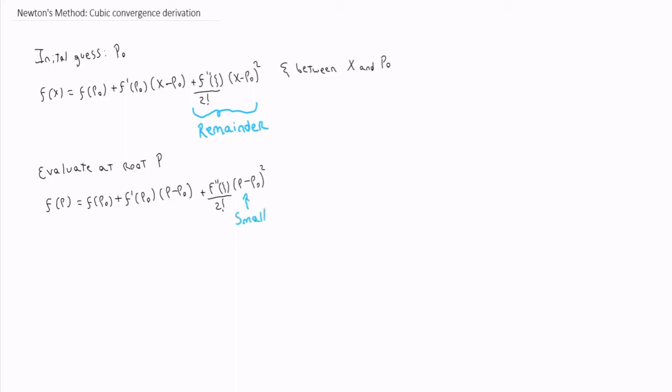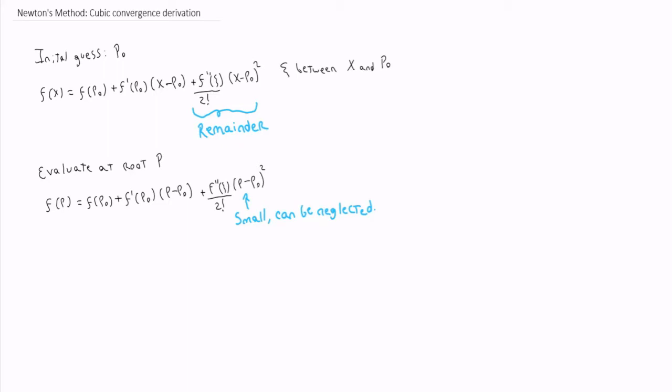And the whole premise of Newton's method is that our initial approximation for the root, p sub 0, is a reasonably close approximation. So that means that the term p minus p sub 0 is going to be small, small enough so that we can neglect it.